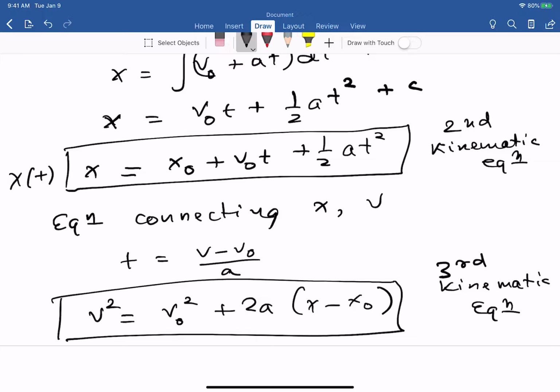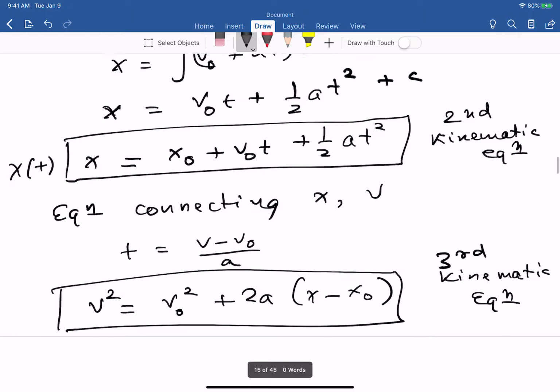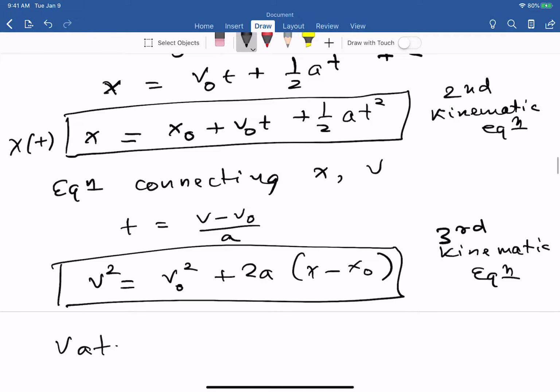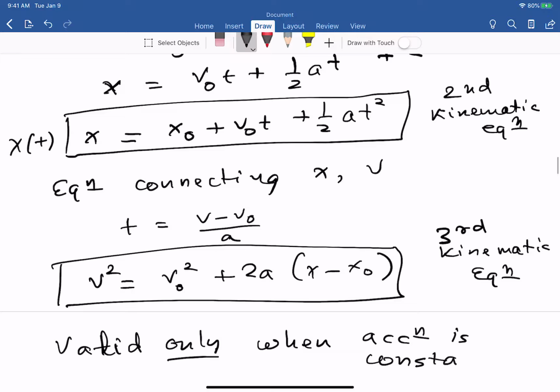They are valid, and please keep this in mind: these equations are valid only when the acceleration is constant. They are not valid if the acceleration is varying.